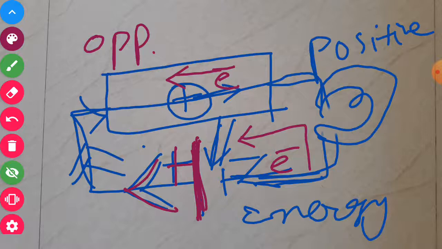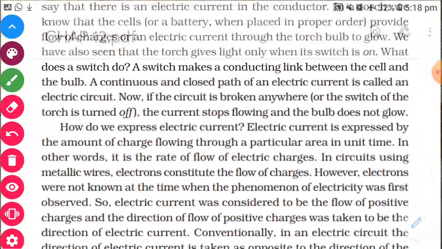So up till now it is clear that it is the flow of electric charge which constitutes electric current. Second, the rate of flow of electric charge, how much charge is flowing in 1 second, or charge per unit time, is called the electric current.